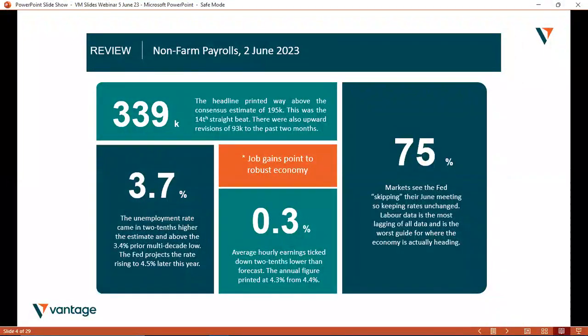And we have to remember the latter is derived from the separate household survey, which pointed to a 310,000 net job loss in May. So just a really interesting difference between the two surveys. The number of Americans classifying themselves as unemployed rose 440,000.